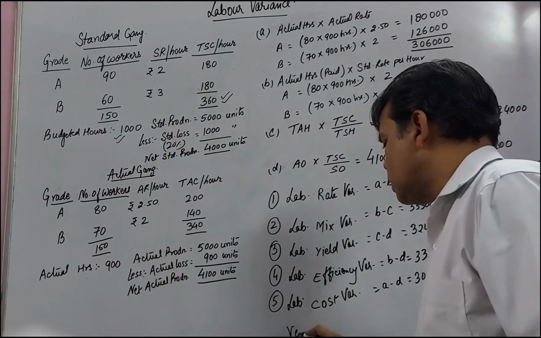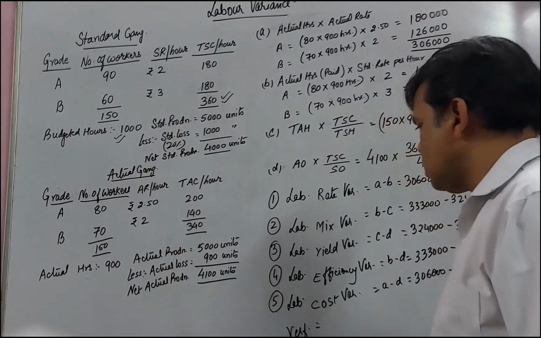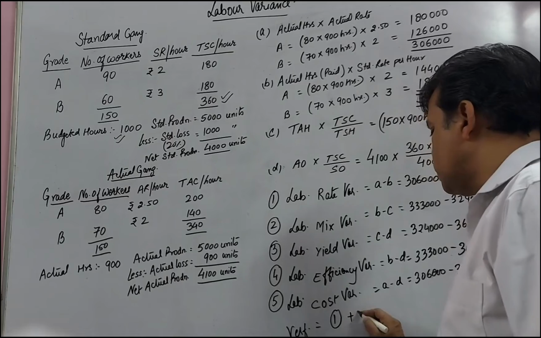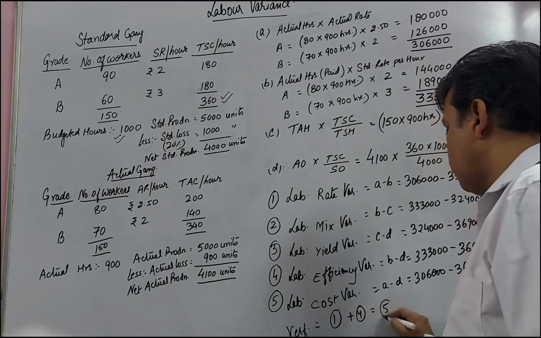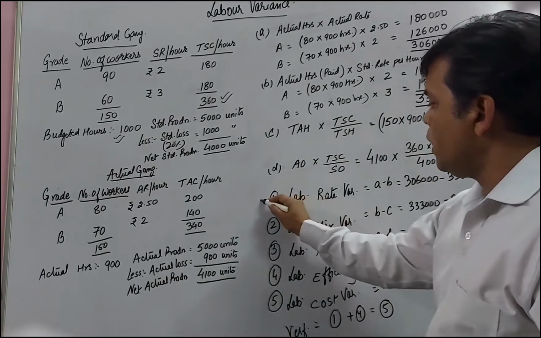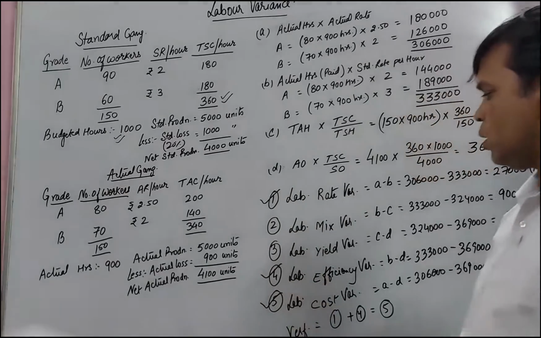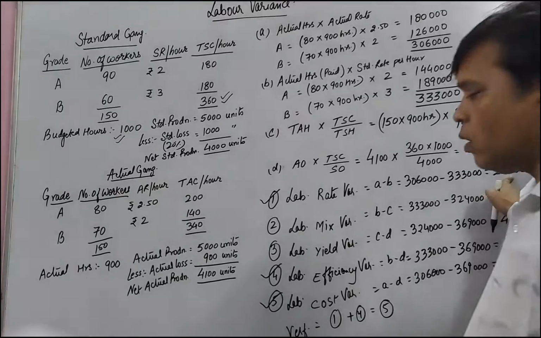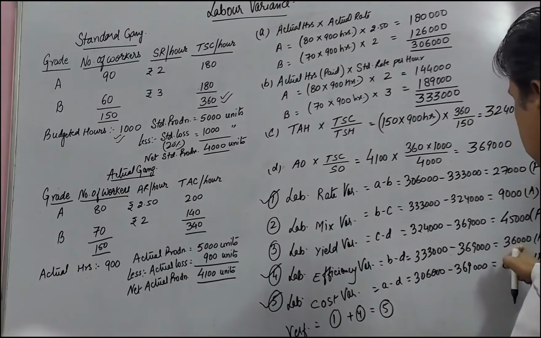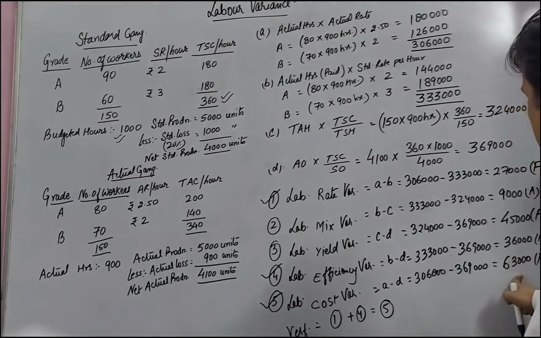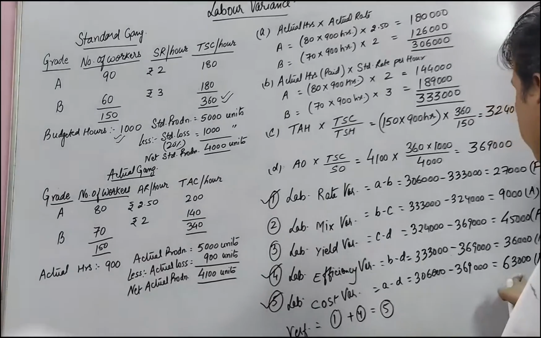And for verification we can use the same methodology, that is 1 plus 4 should be equal to 5. It means labor rate variance and labor efficiency variance should be equal to labor cost variance. So 27,000 favorable plus 36,000 favorable is going to give you 63,000 favorable.